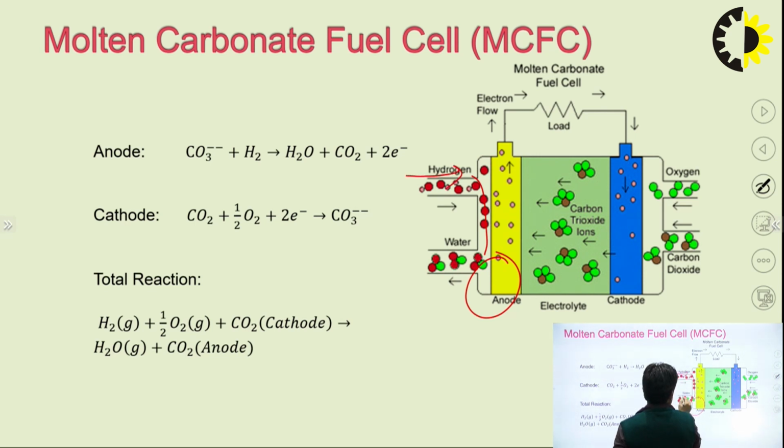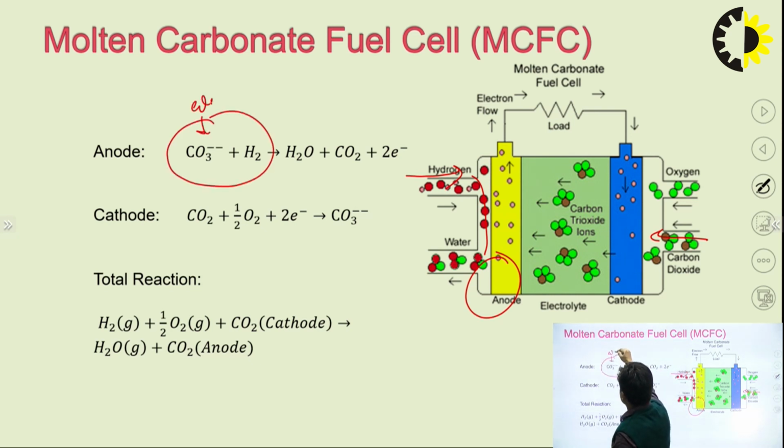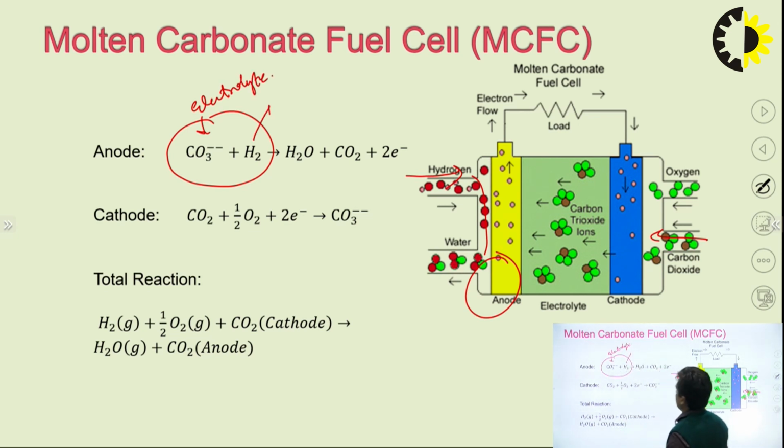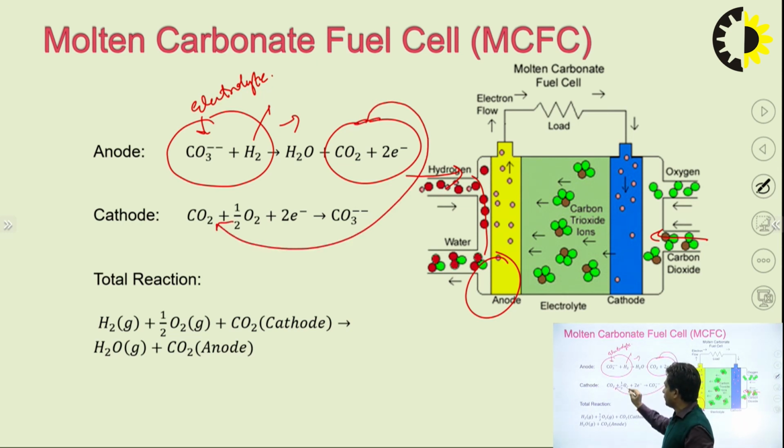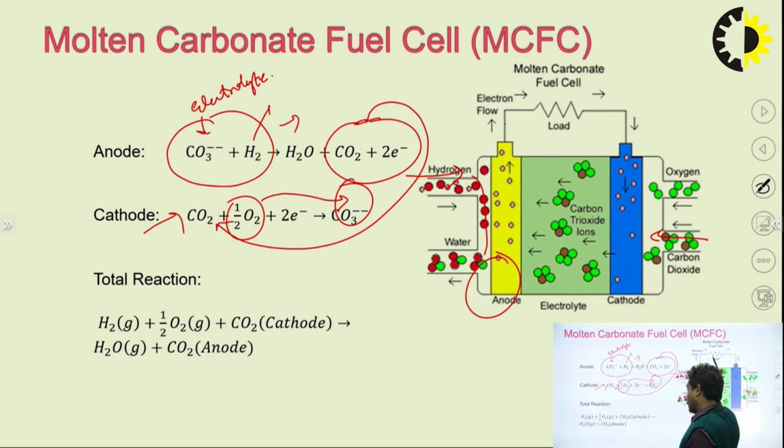The hydrogen and the carbonate ions, because we have the electrolyte here, combine together with the hydrogen gas to generate water molecules as well as carbon dioxide plus electrons. And the carbon dioxide and the electrons combine with the oxygen at the cathode side to produce carbonate ions.